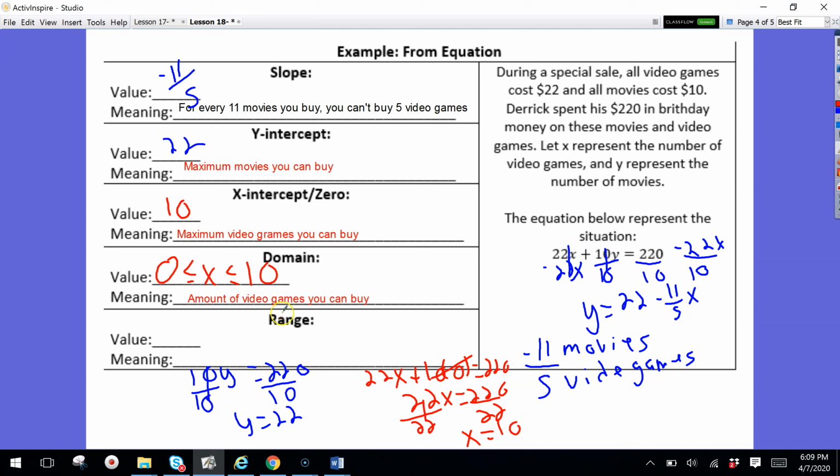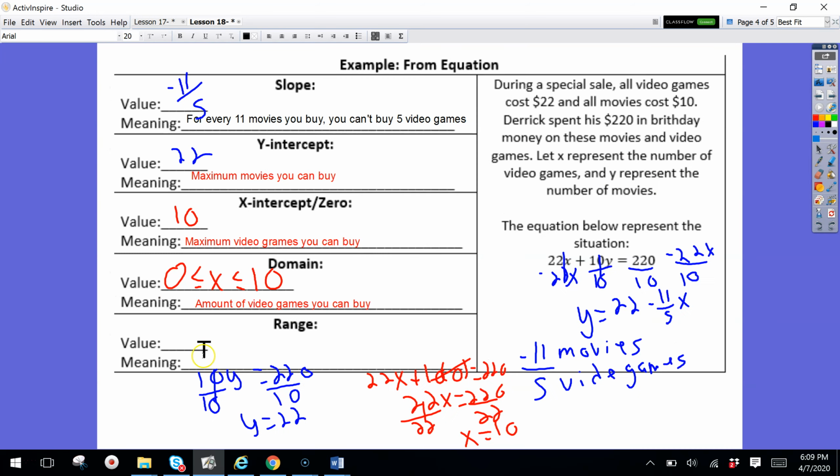Okay, now for my range, remember that range is your y's, and if we come here to my equation, to this little blurb here, y represents the number of movies. So my range represents the number of movies I can buy.